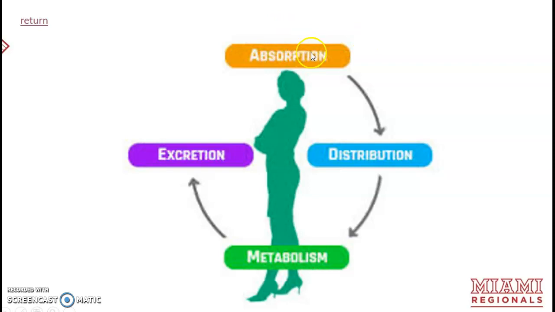How a drug gets absorbed into the body can really determine its addiction potential. Does it get absorbed directly into the bloodstream and go right into the brain? That can lead to really significant addiction potential because it provides instant gratification, as opposed to other drugs that might be taken orally, where they have to go through the stomach and then pass through the small and large intestines and then leak out into the blood and make it up into the brain, so that it takes maybe 45 minutes before you feel an effect of that drug.